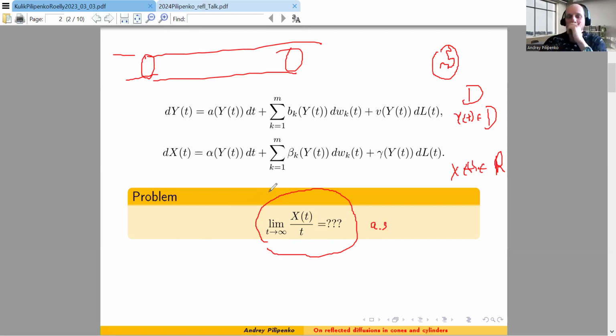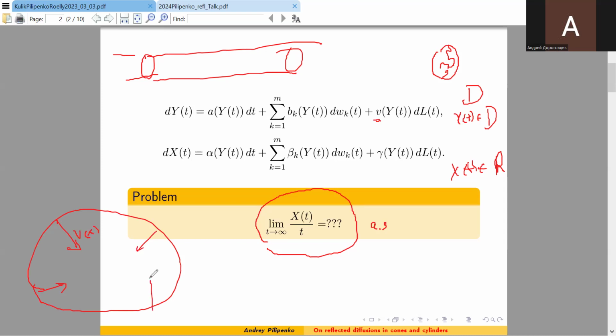And assumptions on coefficients are the following. They are smooth, say C3 coefficients. This vector field V points inside this set D. Okay, Andrey, let me ask you, this Y is a diffusion inside this domain D. Yes.